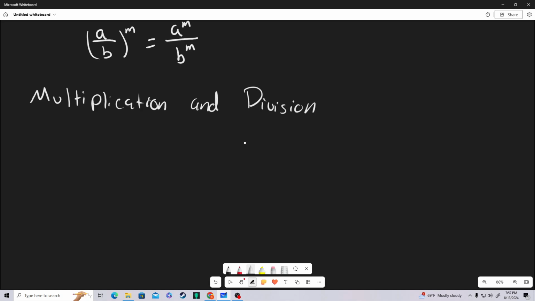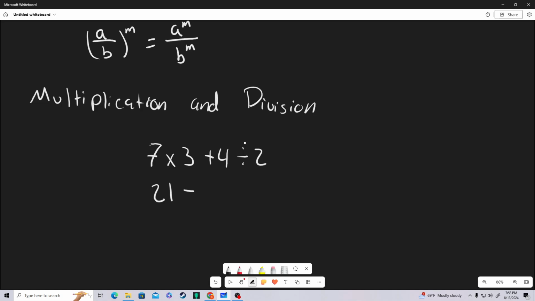But the important thing to know about multiplication and division is that it's all one step. So whatever shows up first in an equation is just what you do first. So for this one, since we have 7 times 3, we're just going to do that right now.